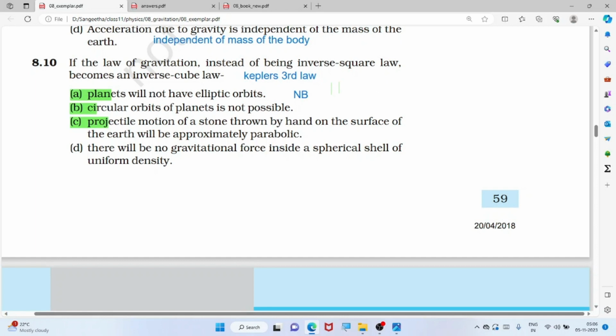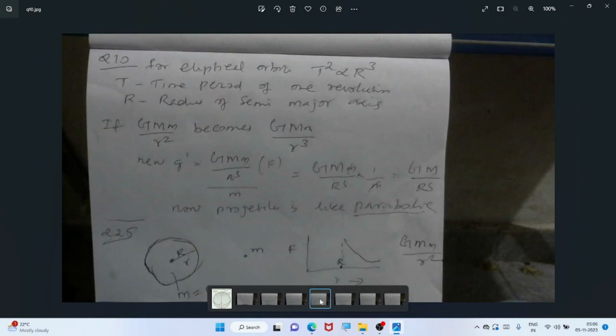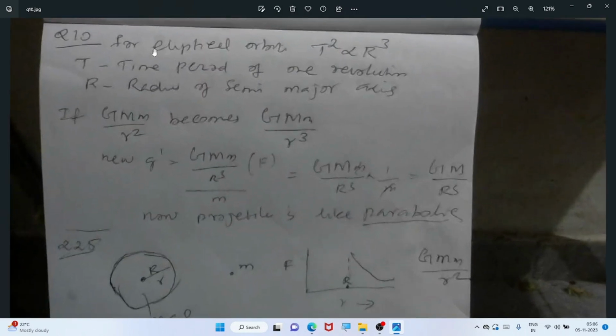Projectile motion of a stone thrown by a person on the surface of the earth is approximately parabolic. If it is the inverse square relation, then the period T square is directly proportional to r cube, where T is the time period of revolution and r the radius of the semi-major axis.